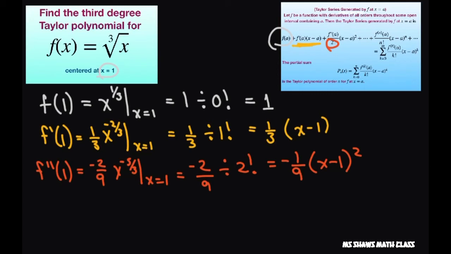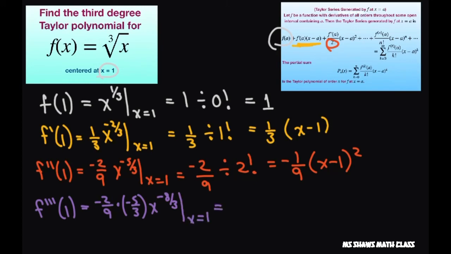And then for our last one, third derivative at 1, that's going to equal -2/9 times -5/3 x to the power of -8/3, and we're evaluating this at x equals 1.